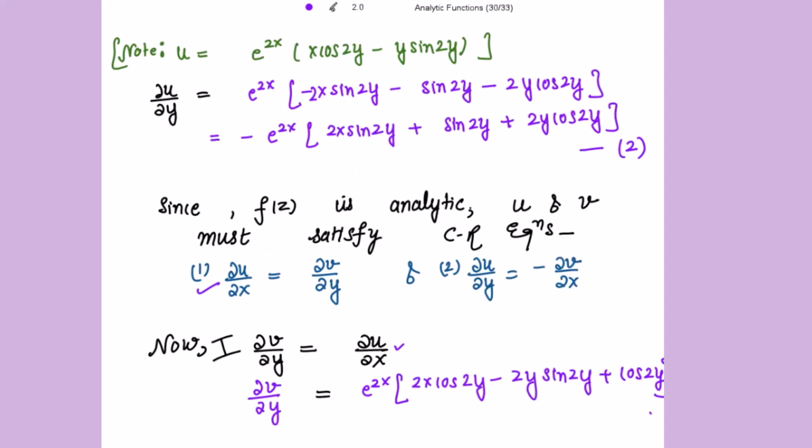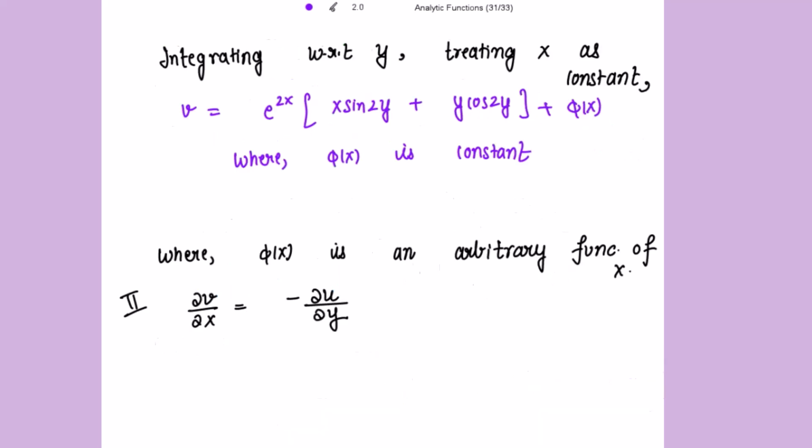Now from the second equation, we have ∂v/∂x is equal to negative of ∂u/∂y. And we have already found ∂u/∂y. So differentiating v with respect to x, we know what v is from here.